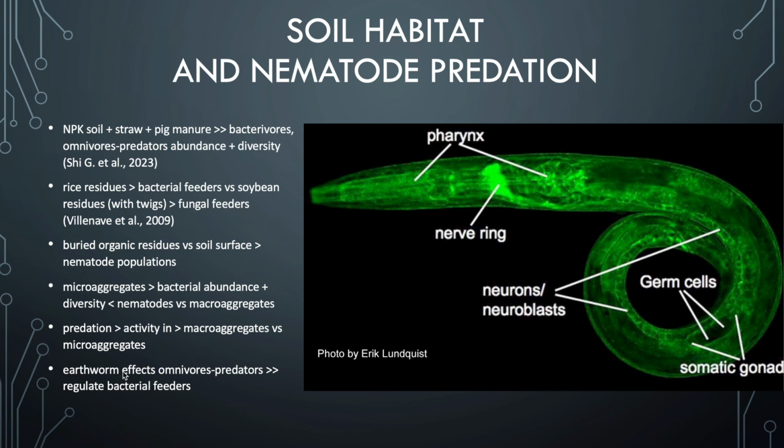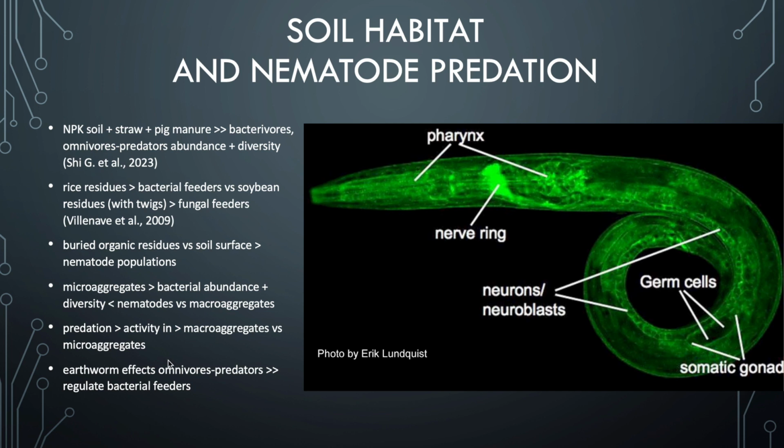And at the same time, as they defecate and make their casts or castings, that is full of nutrients as well, which will increase bacterial activity and therefore attract nematodes. So there might be more nematodes, a stimulation of nematode populations as a result of worm castings.